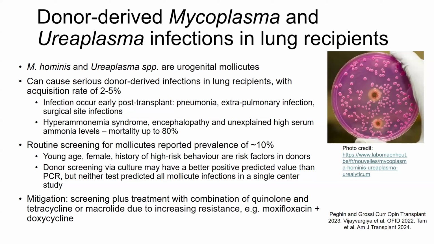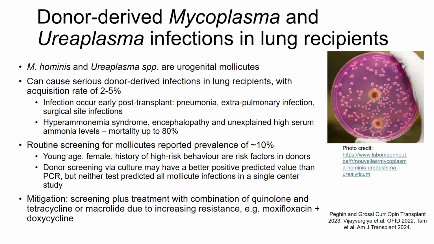And usually in donors, specific factors including young age, female donors, and history of high-risk behaviors have been identified to be associated. In a single center study by Tam and colleagues, they found that donor screening via cultures may have better positive predictive value than PCR, but neither test was able to predict all the infections in their study. So I think this is still something that is to be standardized.